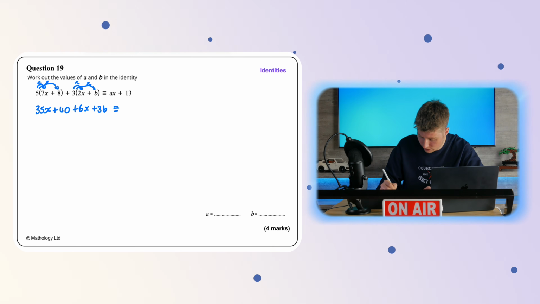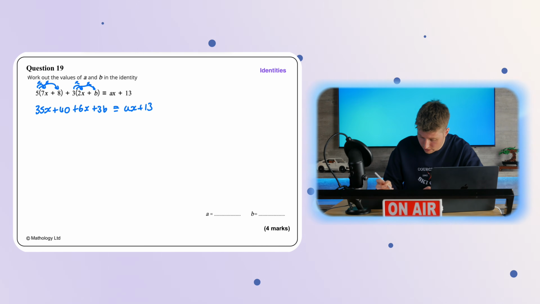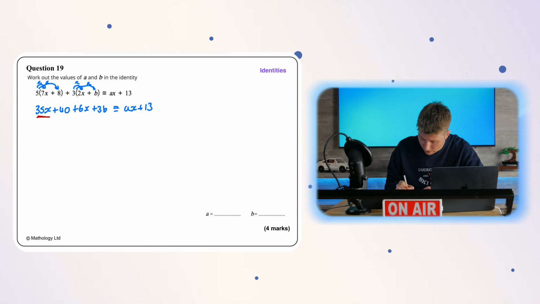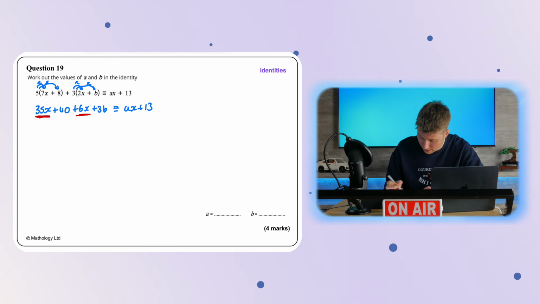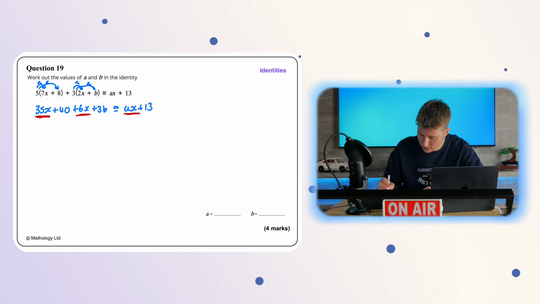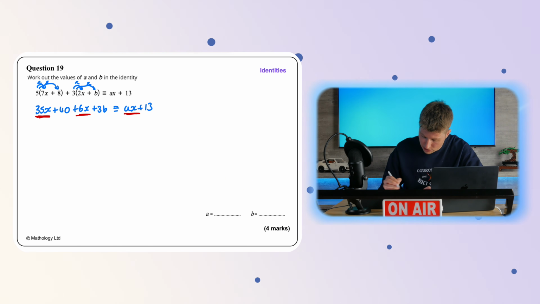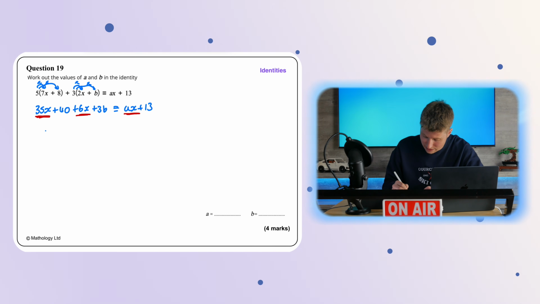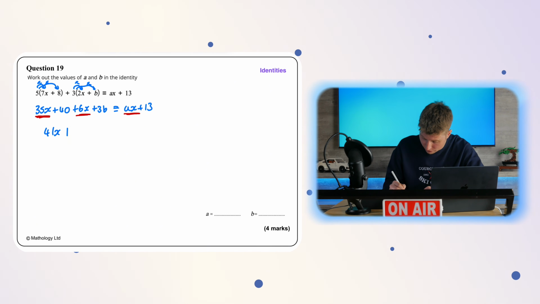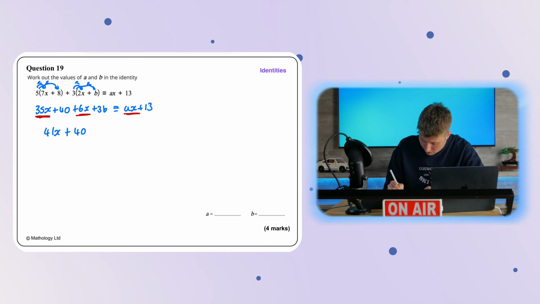And this is identical to ax plus 13. So you can see that the 35x section plus 6x section is equal to the ax section on the right hand side. So 35x plus 6x is equal to 41x. And then we've got this plus 40 plus 3b.